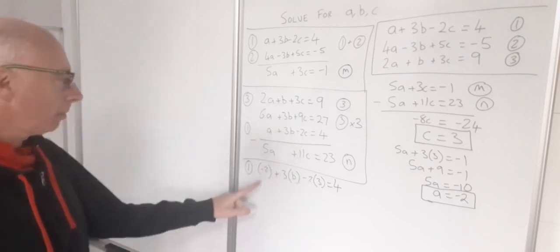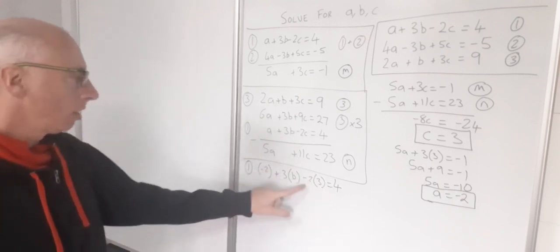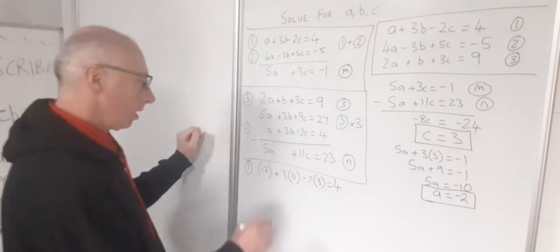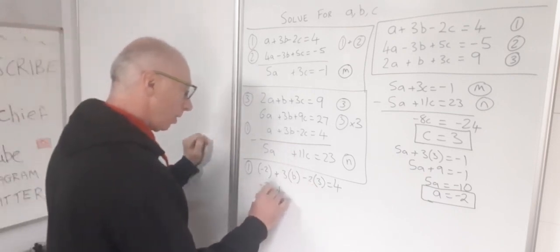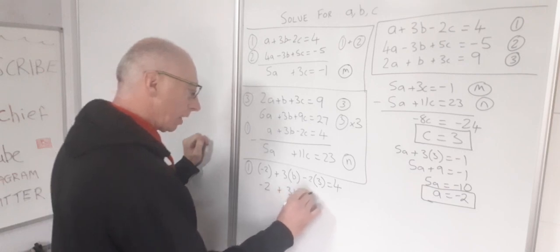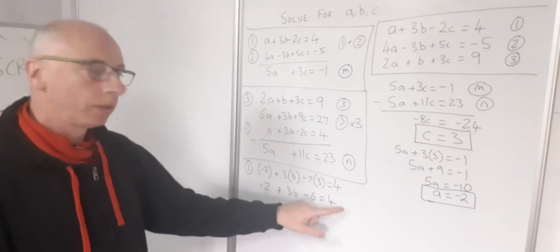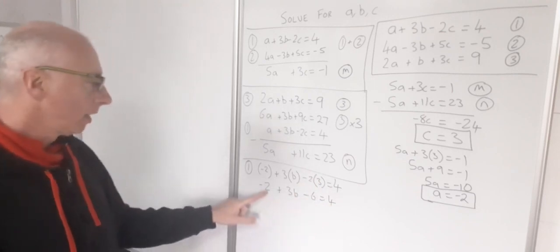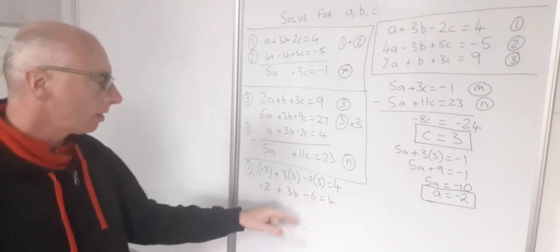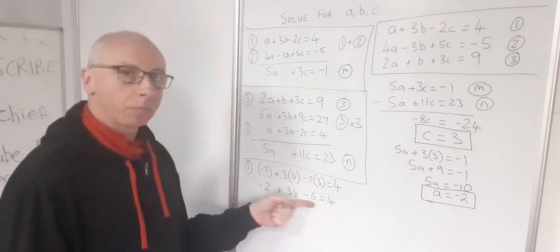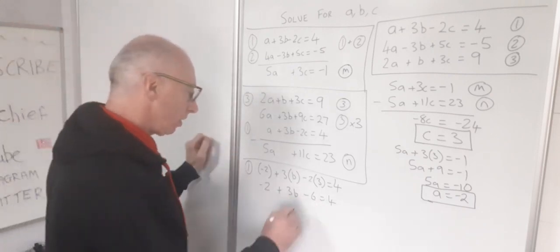Okay, now minus 2. And then we've got minus 2 times 3, so that's minus 6. So I've got minus 2 plus 3b minus 6 equals 4. Now let's get all the constants on this side. So if I add 2 and add 6, that means add 8 altogether. I'll get this side to disappear and I'll end up with a 12 on this side.